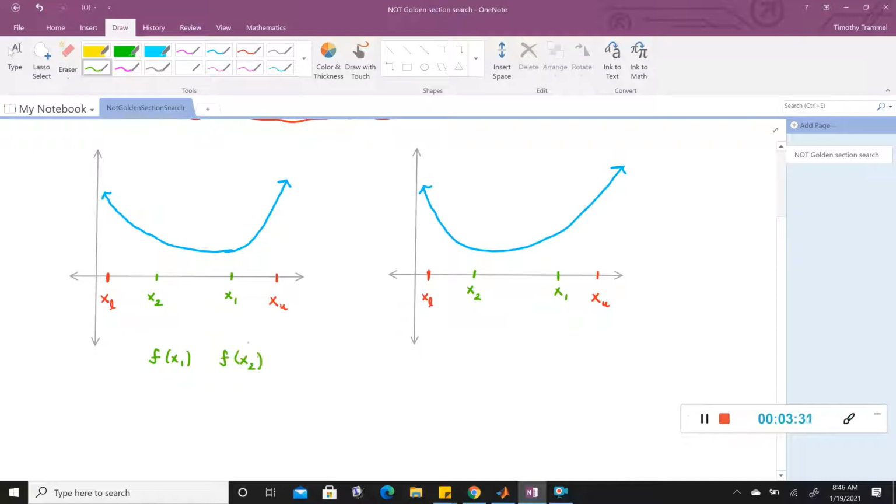If we look here, it looks like x1 has a smaller y value than f of x2. So we have f of x1 is less than f of x2 here. And let's do the same thing over here, and it looks like we have the opposite occurring. It looks like here f of x1 is actually the bigger one.